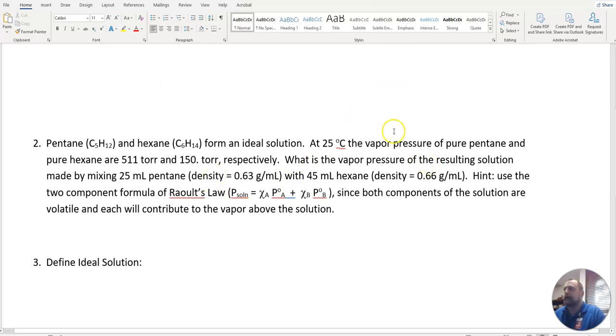Down here I'm looking at 511 and 150 torr, and when we go through this, I've got 0.2 moles of the pentane and 0.3 of the hexane, so about 0.5, almost 0.6 moles total. And so when I multiply that out times my initial pressure, so it'll be if they were equal amounts, I'd have halfway between these, which would be about 300.